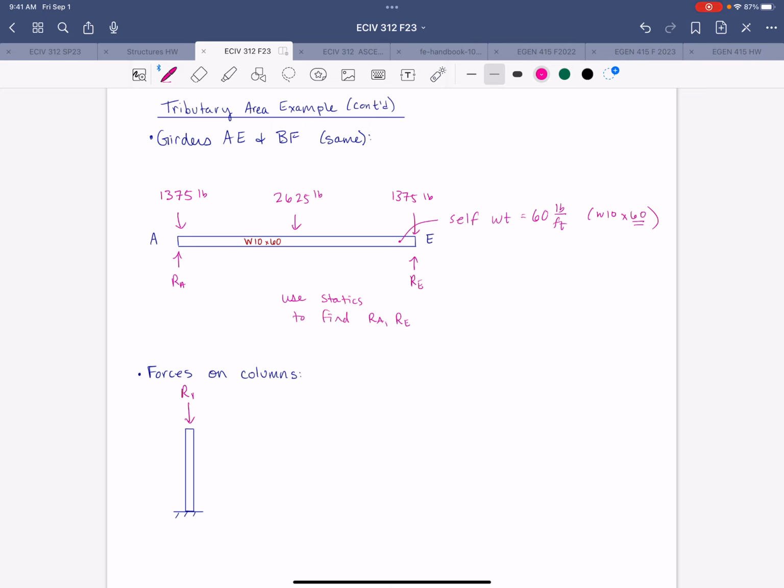We'll use RA as a representative, applied in the downward direction at the top of the column. Technically, if we were going to continue this and figure out what the load is that's transferred into the foundation, at each column it would be RA plus whatever the self-weight of the column is, which we weren't given in this example, so we won't go through that.